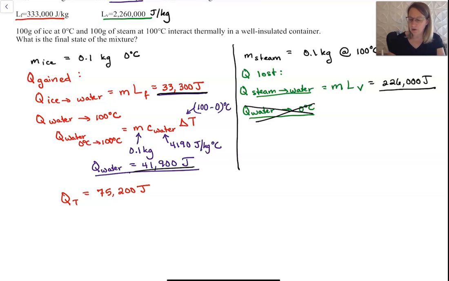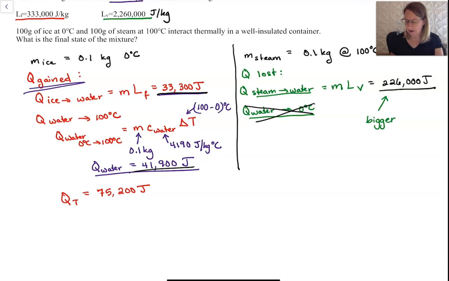So this is bigger, right? This number is bigger. And so what we can say is that the next step for this gaining heat would be to gain even more energy to turn into steam, which we can't do because we already have used it.